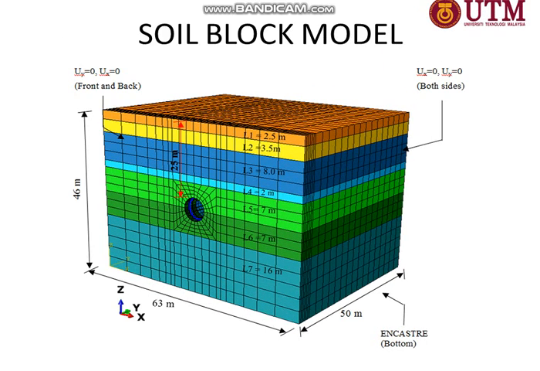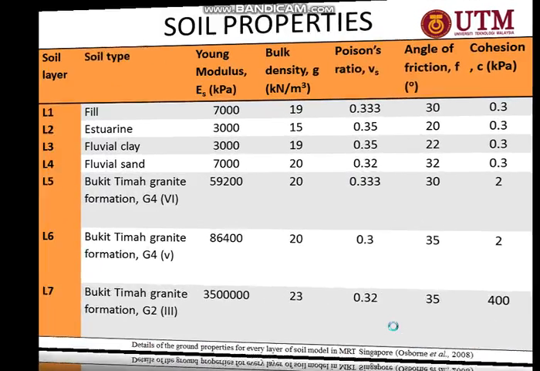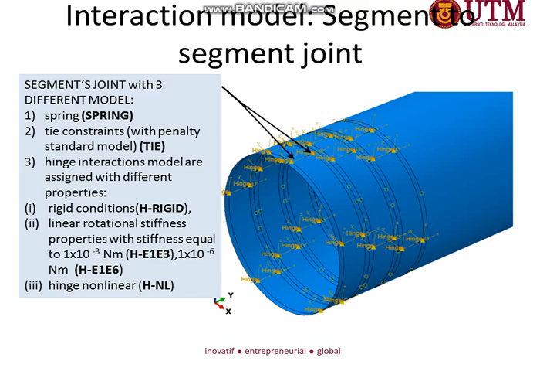This is how the soil block model is shown. We can see that the tunnel is located at 25 meters from the ground surface. The periphery of the soil model and the bottom of the soil were assigned boundary conditions. These are the soil properties, and the interaction model has been assigned. For the segment to segment model, a parametric study has been carried out with a spring tie.